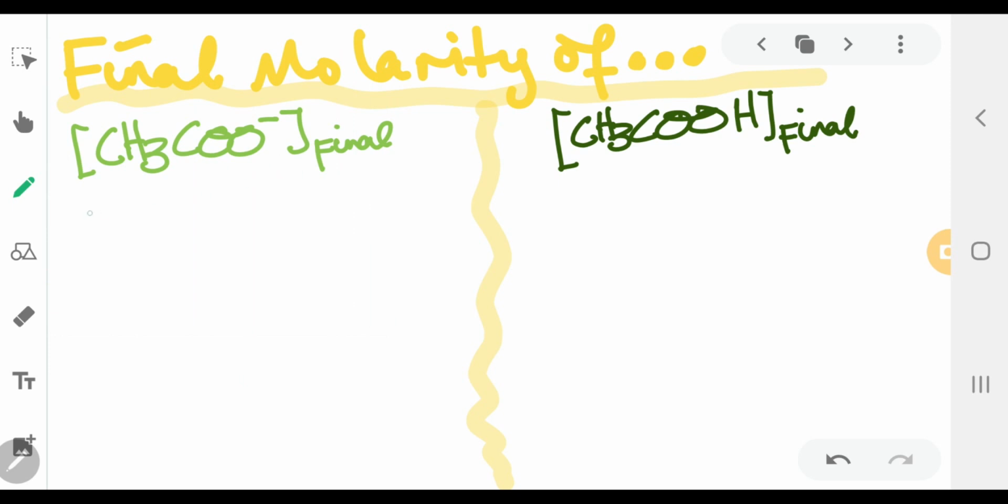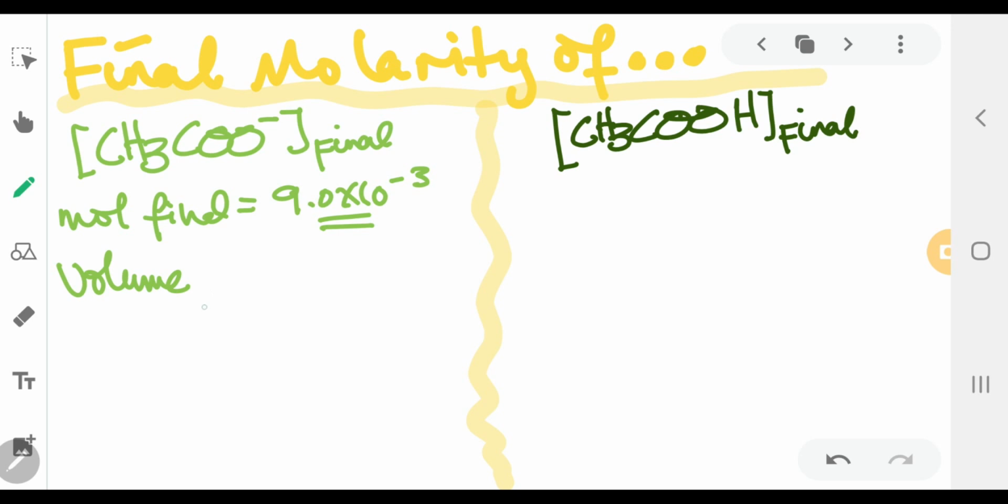So the final molarity is moles final over the volume. Remember, the volume now is the volume of buffer plus HCl.